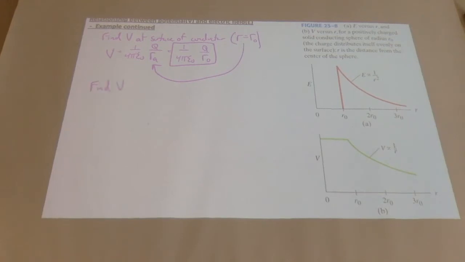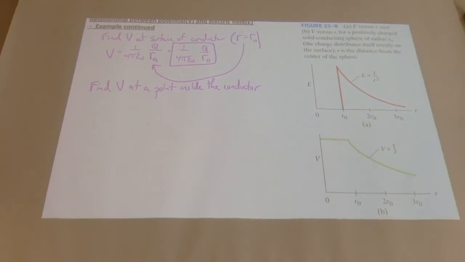And then finally, find V at a point inside the conductor. Any thoughts? It's a quick answer.